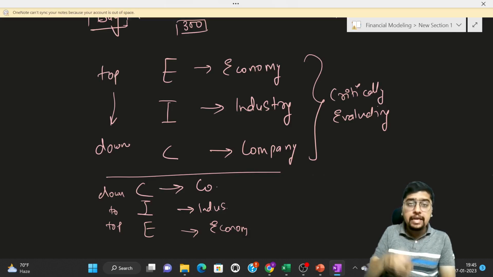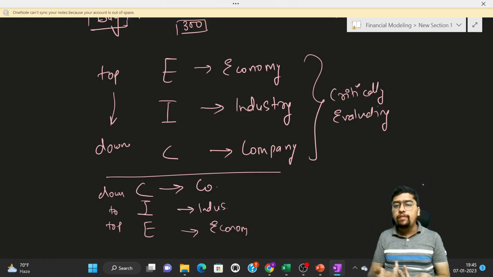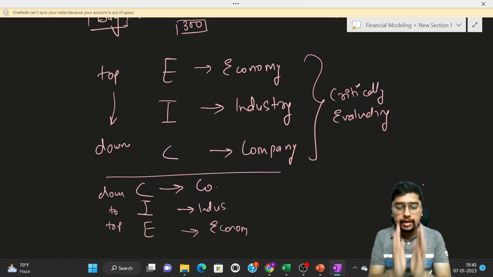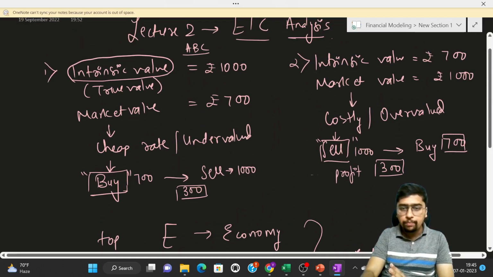So, company analysis should incorporate industry analysis and economy analysis. Then and only then can we say that we are doing a full-fledged analysis of a company to reach its intrinsic value.